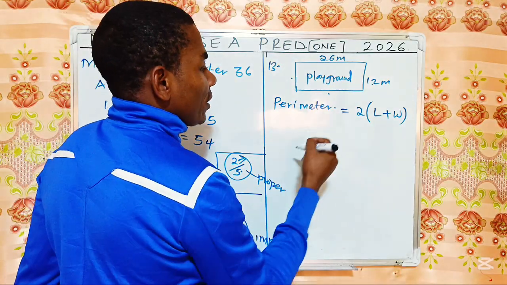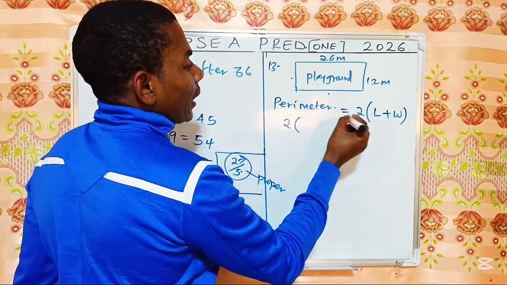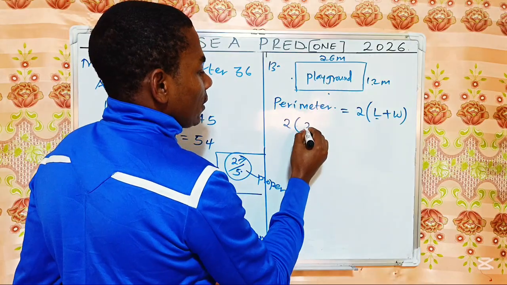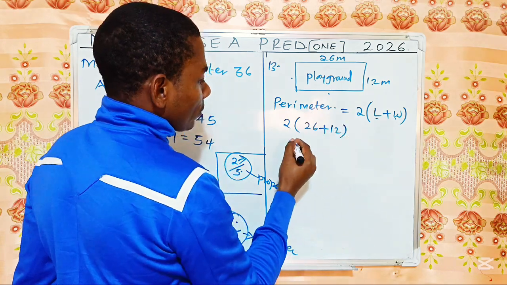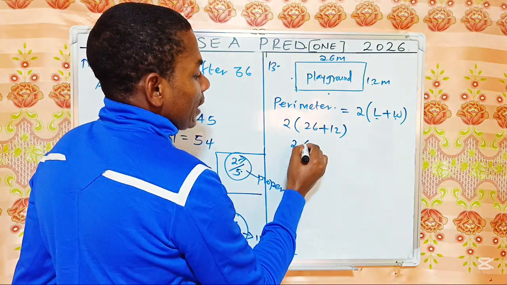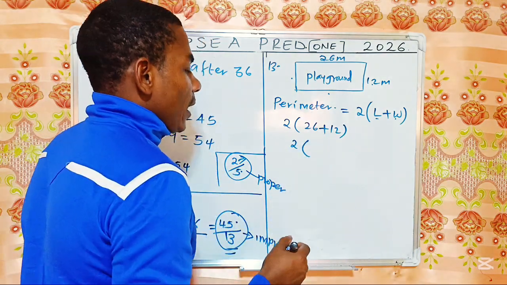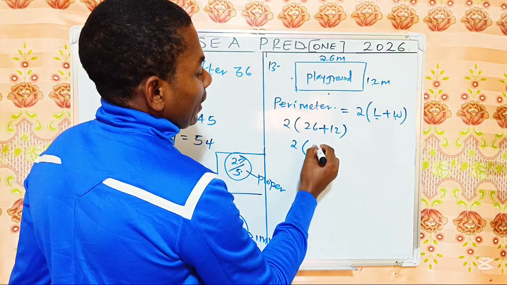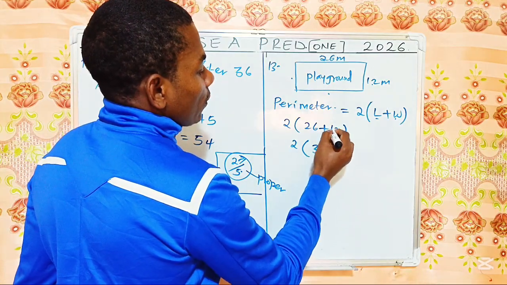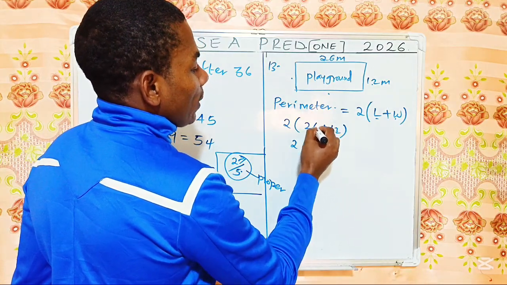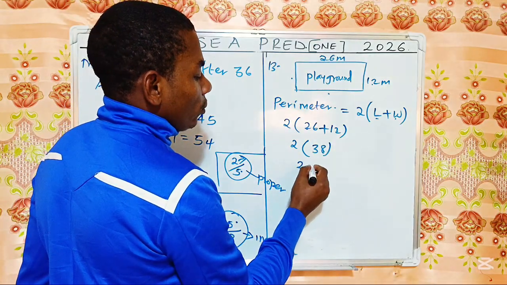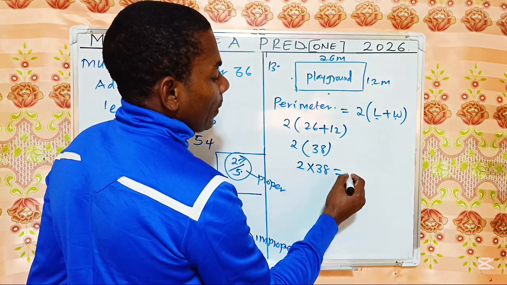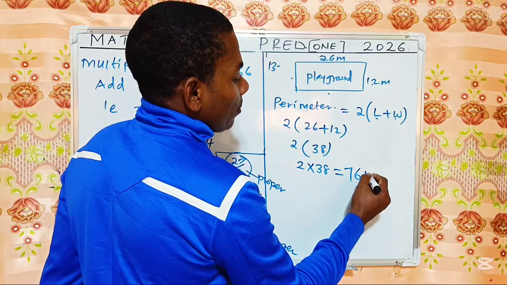Now let us substitute: 2 into bracket, length is 26 plus width is 12. So 26 plus 12 is 38. Now, 2 times that 38, we get 76 meters.